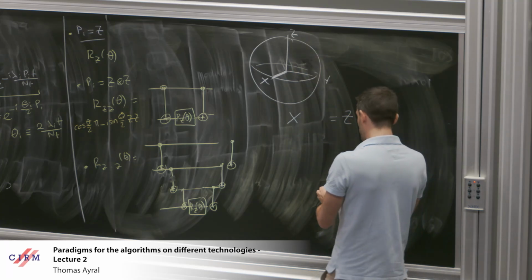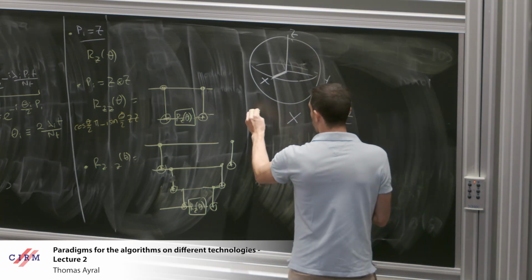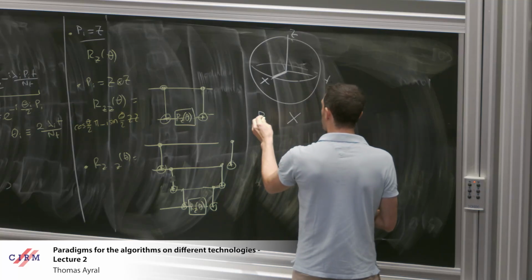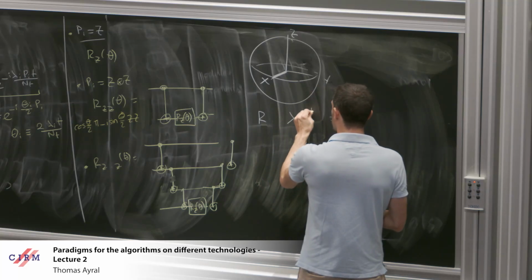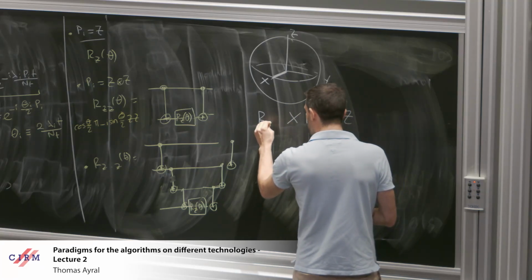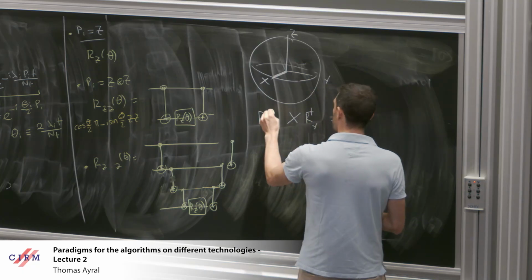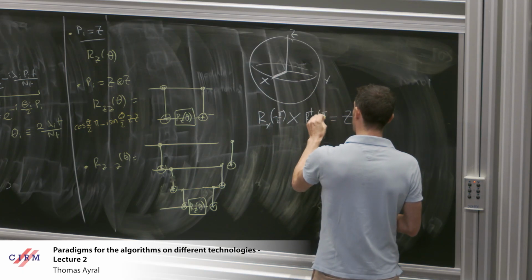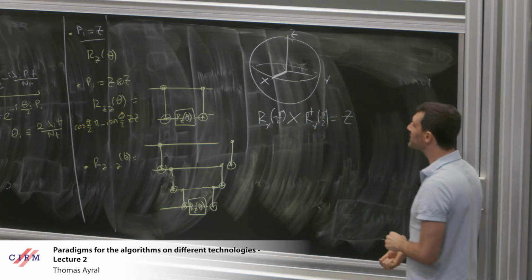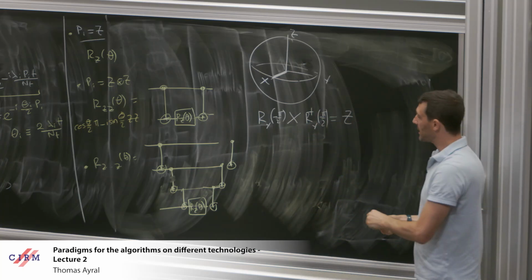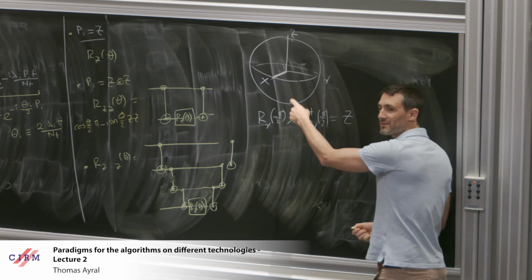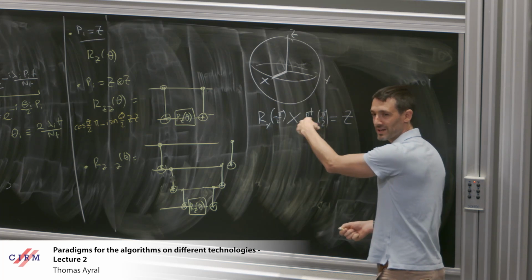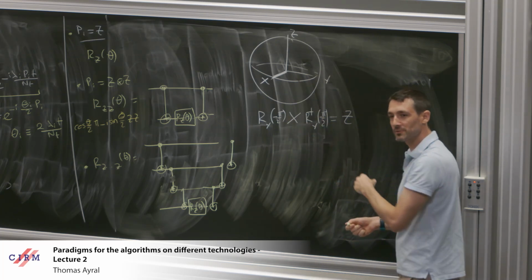So now in principle, I have to do R and here R dagger of Y minus pi half. So my claim is that if you do that, first my claim is that it works based on this geometric argument, but you can check yourself that if you do the math, it works.